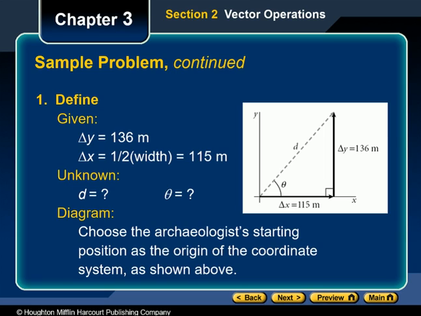If we do this, we can map this to x-axis versus y-axis. Then we can start to label the things that we know because we've been given stuff, and we can label the stuff that we don't know, what we're being asked for. You can see here that we have a delta x of 115 meters. We have a delta y of 136 meters. Here is our angle, theta, and here's our resultant represented by d.